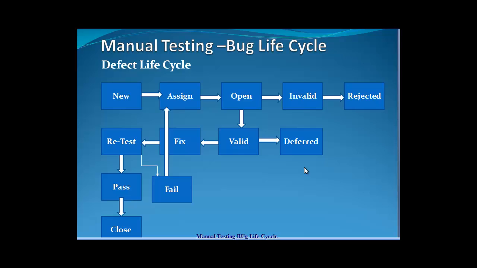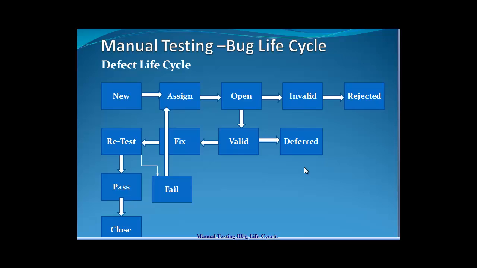And if the time is over or if the duration is over to fix all those 5 defects, he marks those 2 cosmetic or user interface defects as deferred state, so that he will fix those defects once the next build is released.